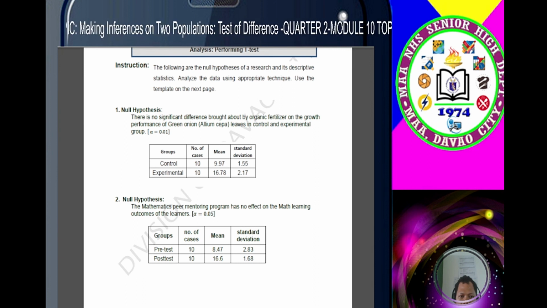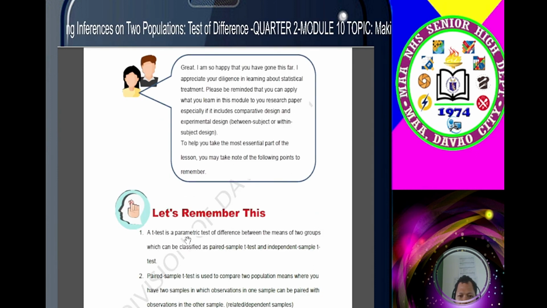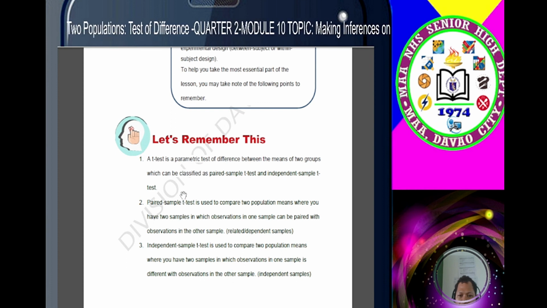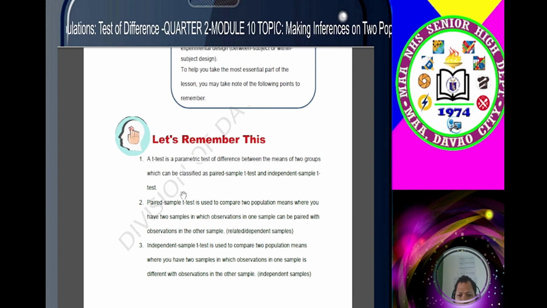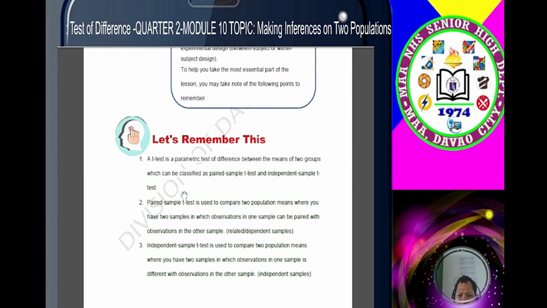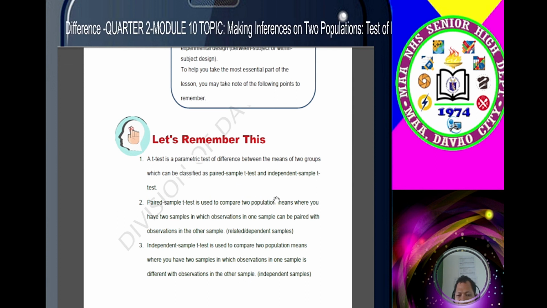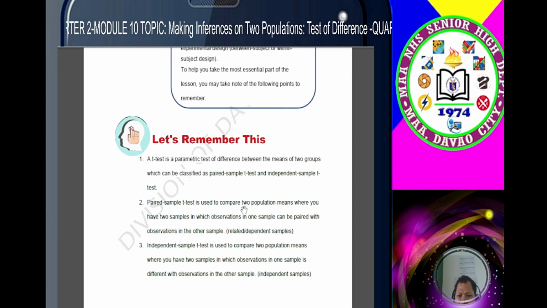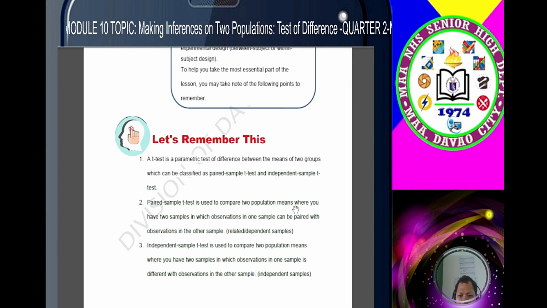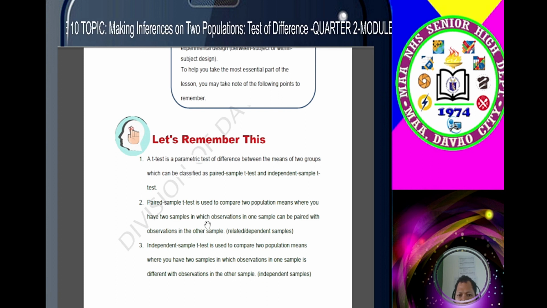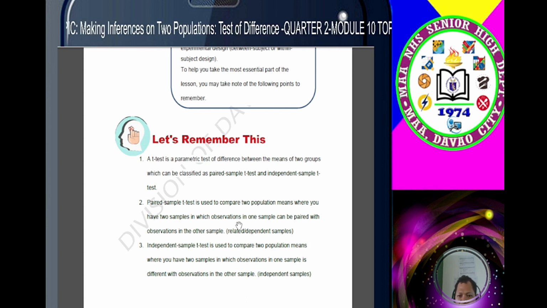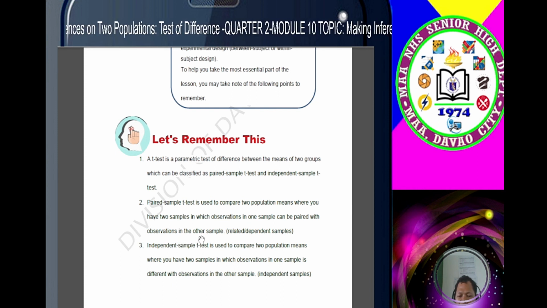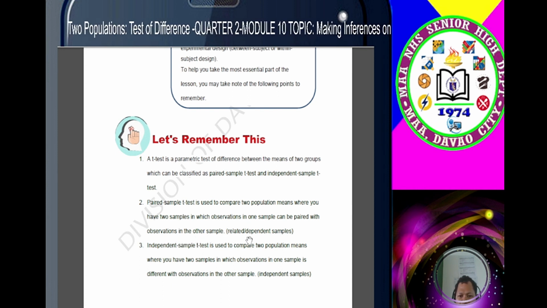Then let's remember this. The t-test is a parametric test of difference between the means of two groups, which can be classified as paired sample t-test and independent sample t-test. The paired sample t-test is used to compare two population means when you have two samples in which observations in one sample can be paired with observations in the other sample, or related dependent samples.